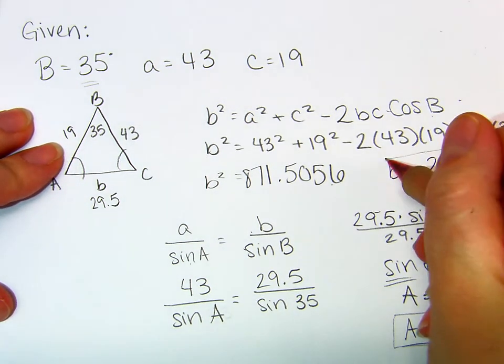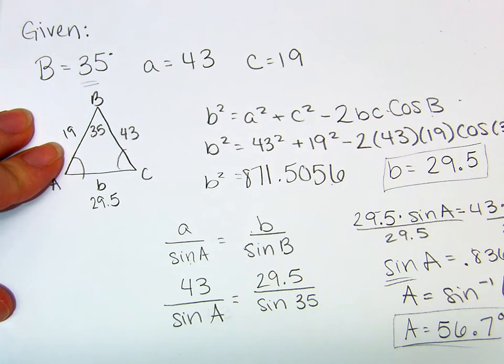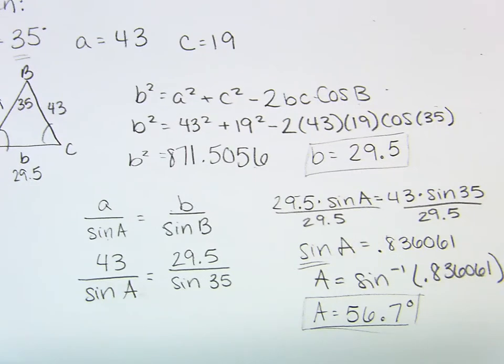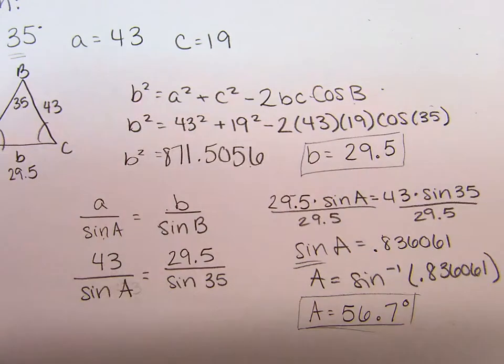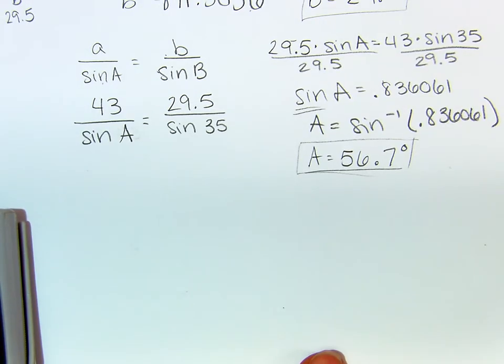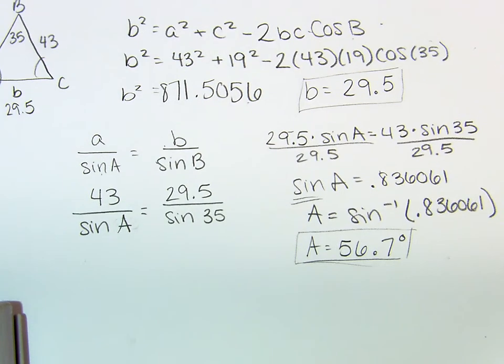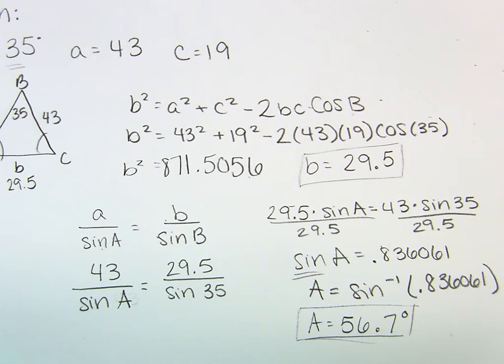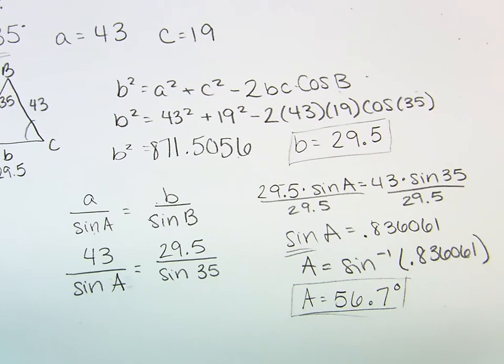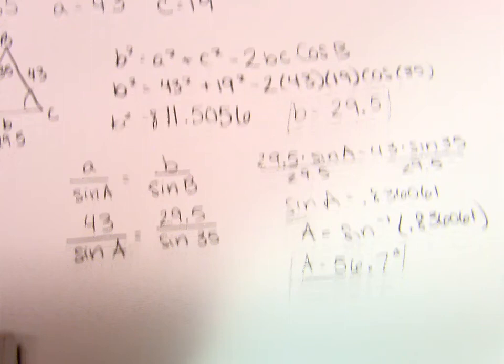I figured out b. The only thing I have to find now, whoops, sorry, you couldn't see half of that, is my angle C. So I know angle B is 35. Angle A is 56.7.